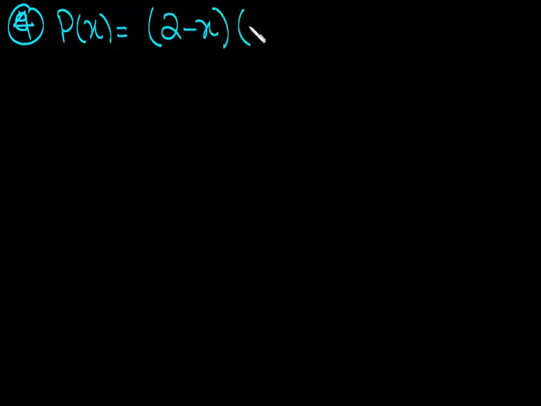Alright, one last example. Let's do one where we do have a y-intercept. So let's say you have p of x is 2 minus x, and we have 2 minus x squared, and we have x plus 3.